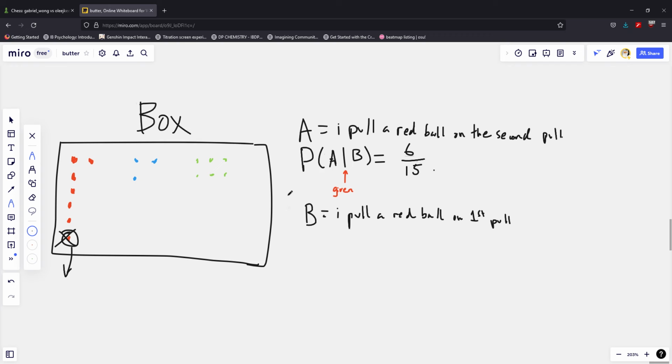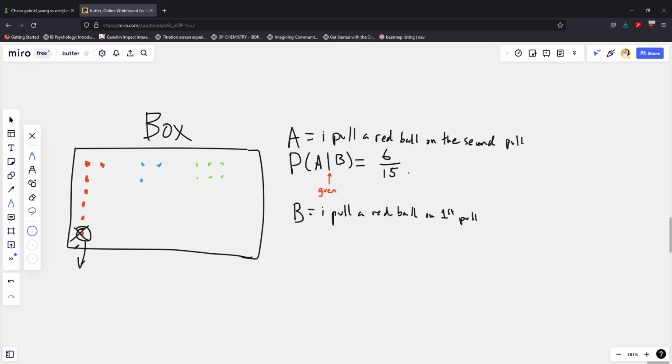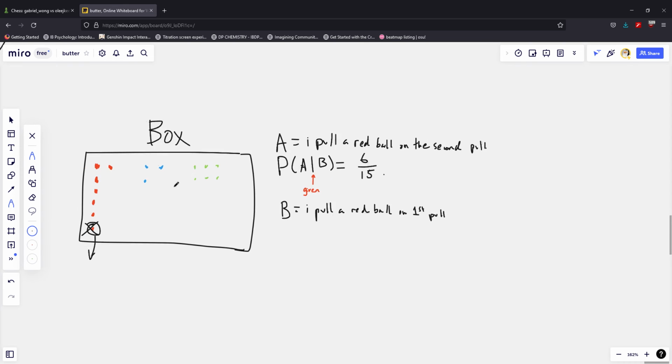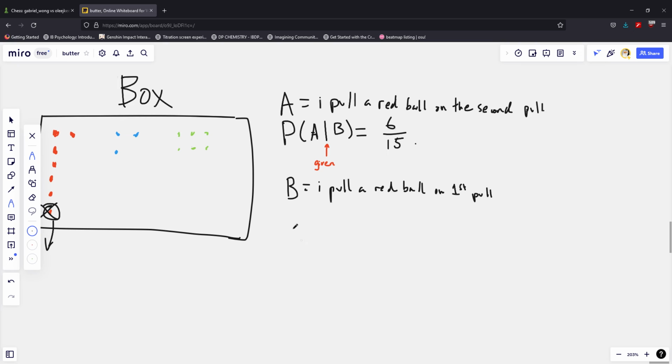Cool. But what was the probability that this whole series of events happened, including the fact that I pulled this first ball out? Well, to find that, let's multiply the probability that B occurred. What is the probability that the first pull happened to be a red ball?